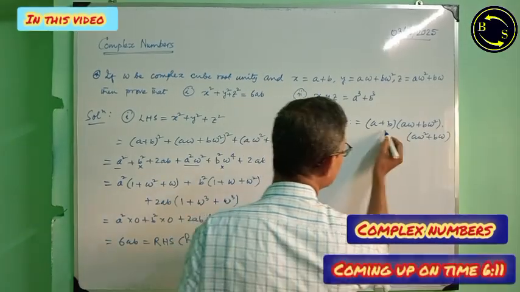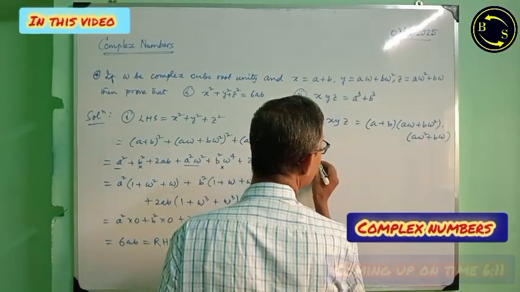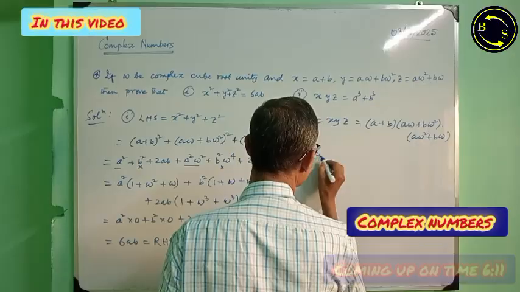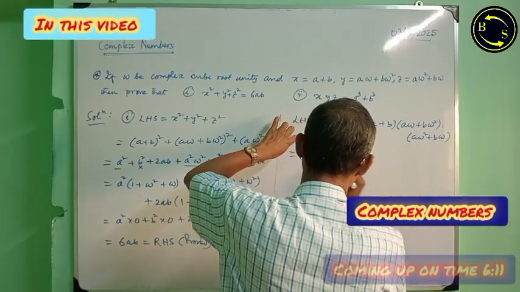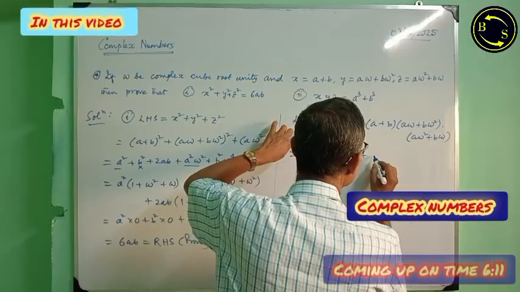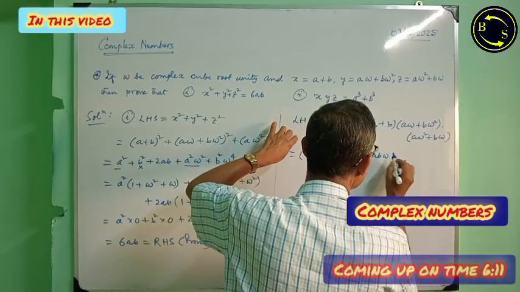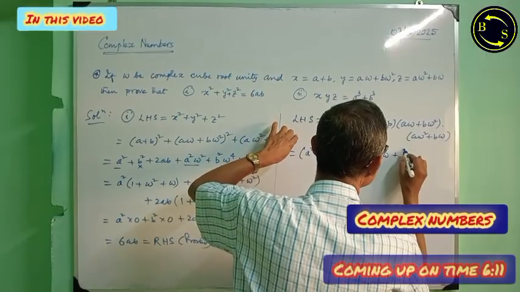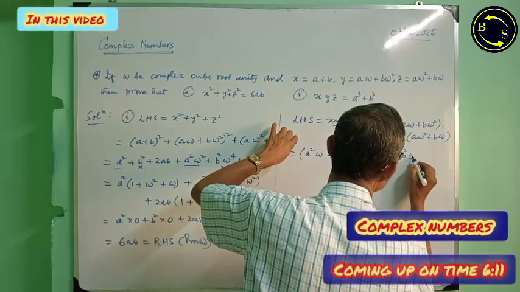First, these two expressions: a square omega plus ab omega square plus ab omega plus b square omega square.